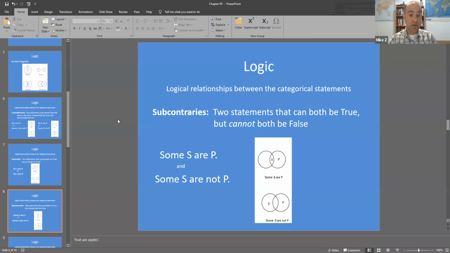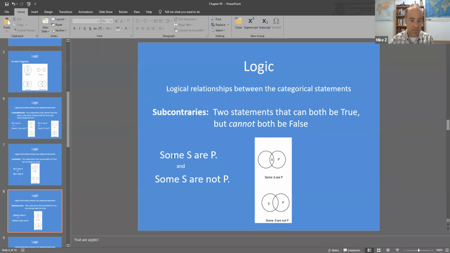But, right, so they cannot both be false. So if it is false that some S's are P, then it cannot also be false that some S's are not P, right? At least some of them have got to be P. So let's fill in an example there. If it's false that some cats are reptiles, then it must be that no cats are reptiles, right?